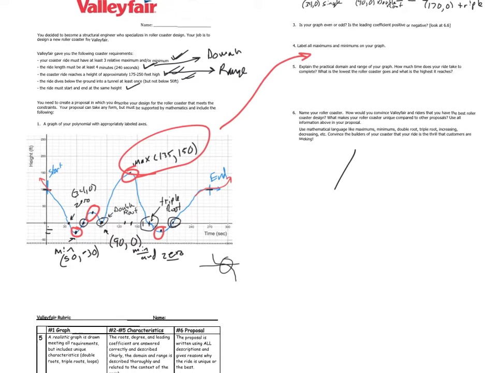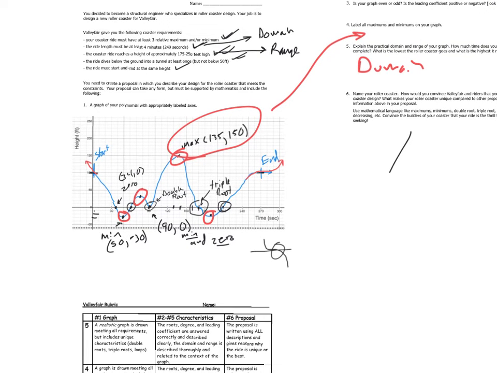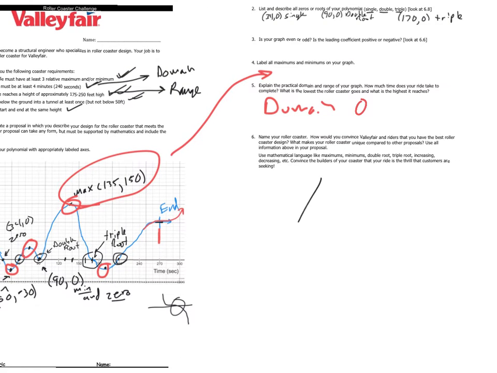Domain and range. Well, domain is your x values. It starts at 0 right here, and it ends at, I said it ended at 270. So domain is from 0 less than or equal to x less than or equal to 270, or you could say from 0 to 270, whatever.